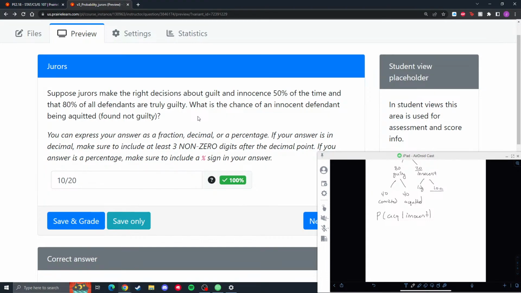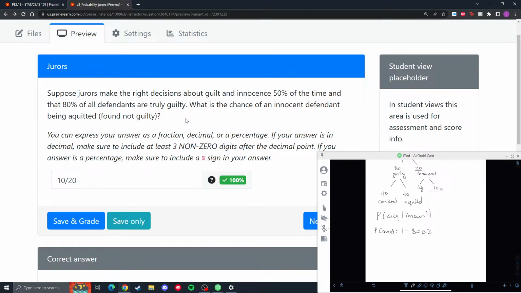First we need to calculate the probability that someone's innocent, which is equal to 1 minus 0.8, so 0.2, because we know that 80% of all defendants are truly guilty.